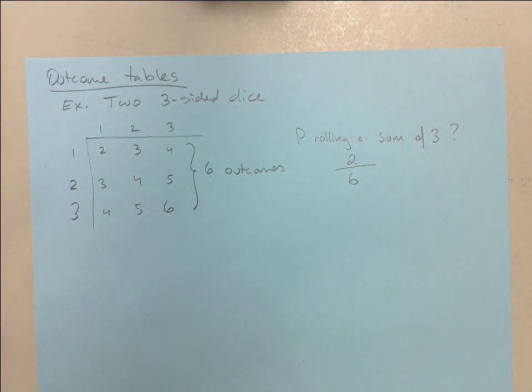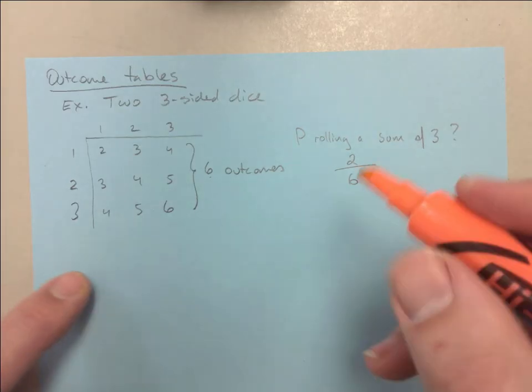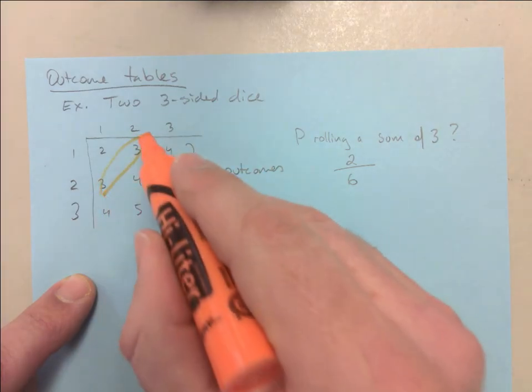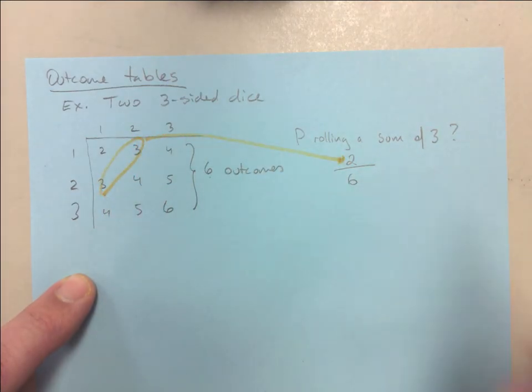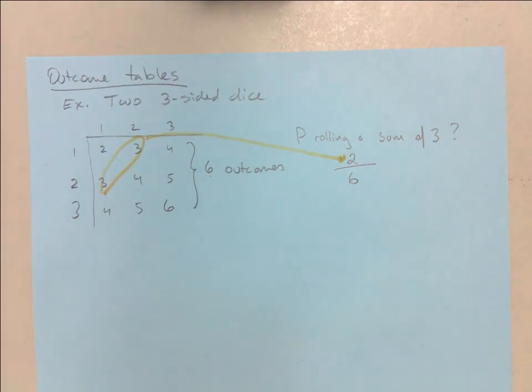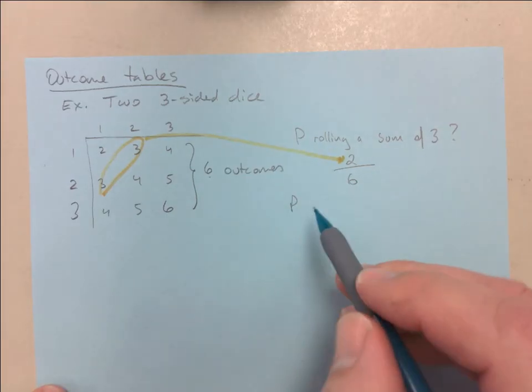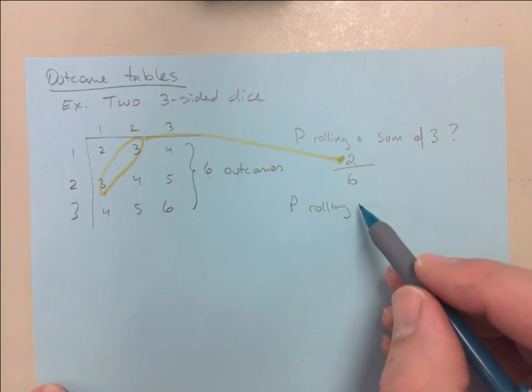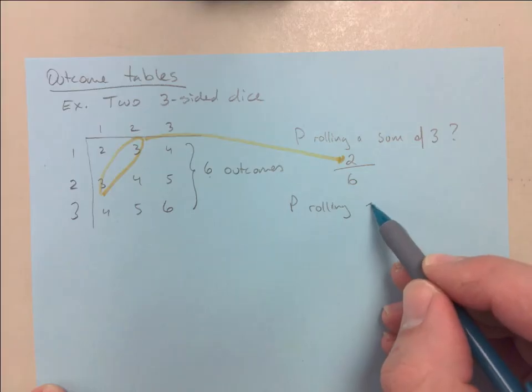I would just have this on my study sheet. I would just say this is right here. This is what I used to come up with the 2. Probability of rolling even.